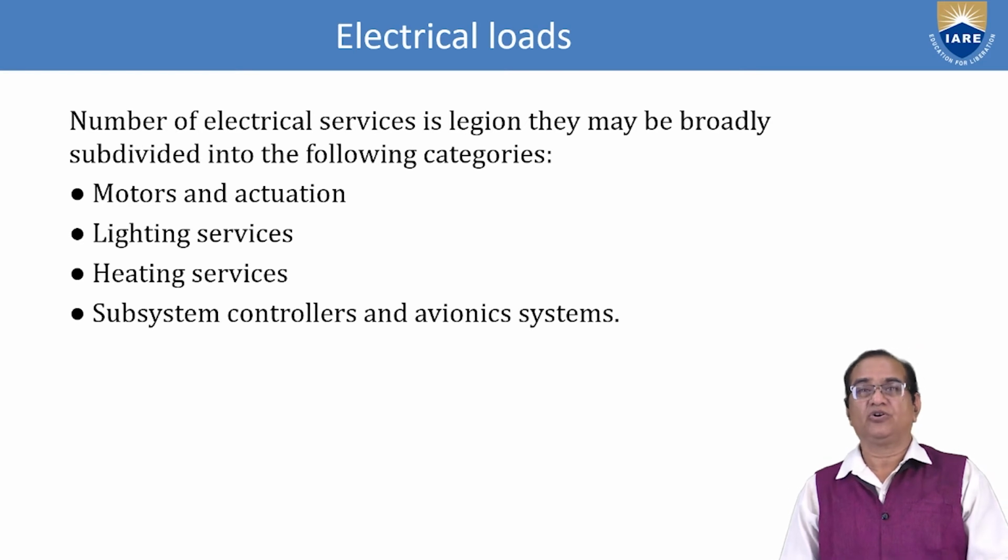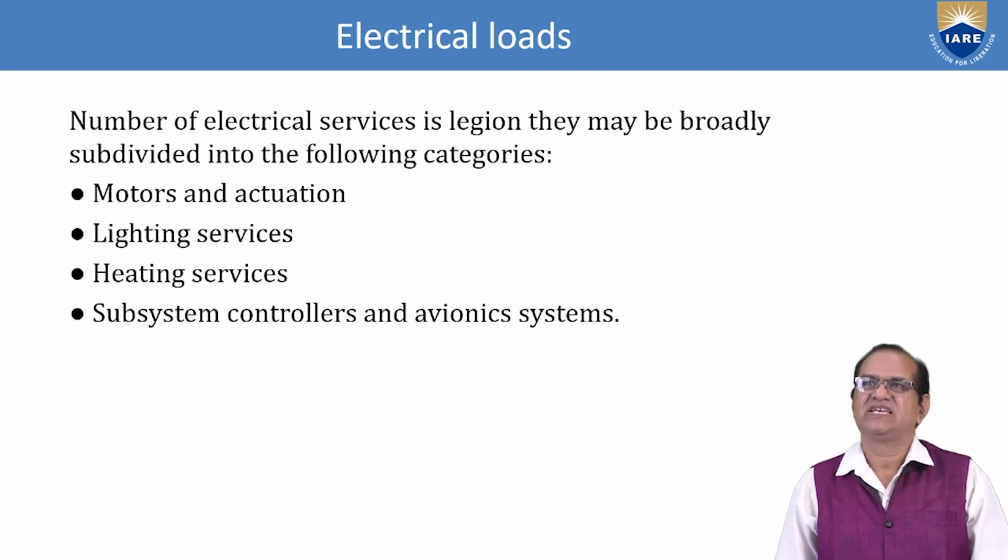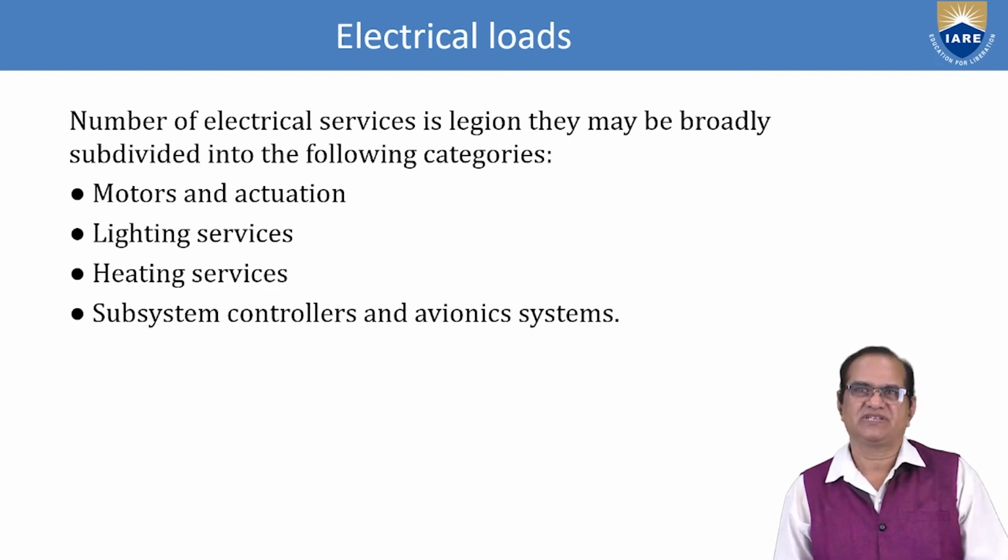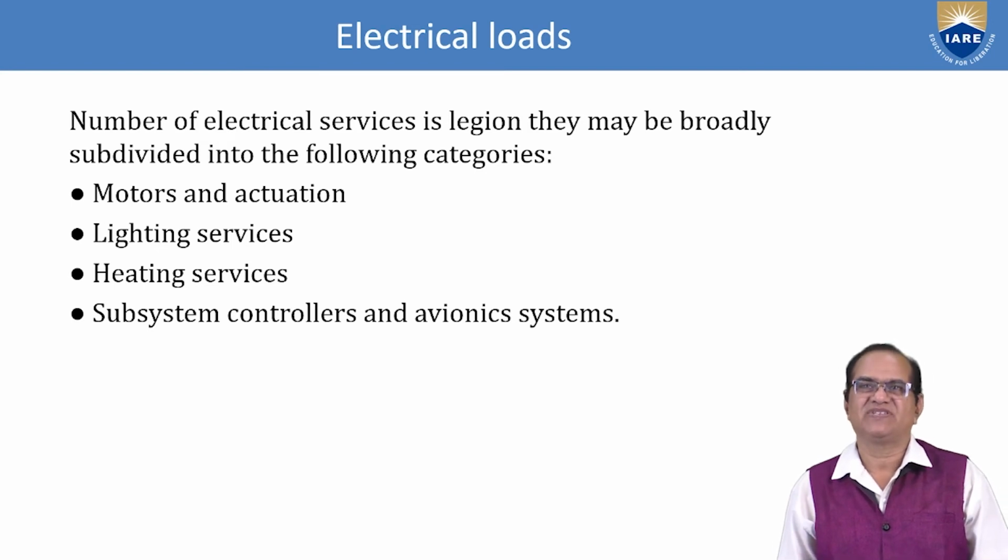Now electrical loads. The number of electrical services is legion. They may be broadly subdivided into the following categories: motors and actuation, lighting services, heating services, and subsystem controllers and avionics.